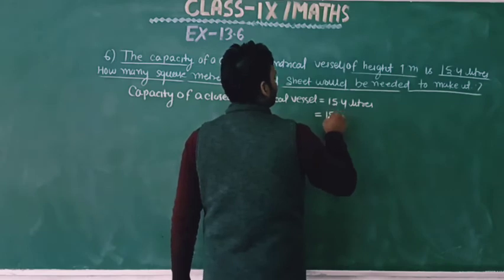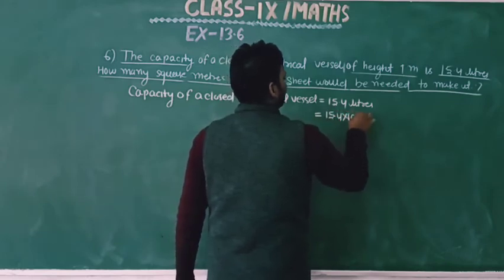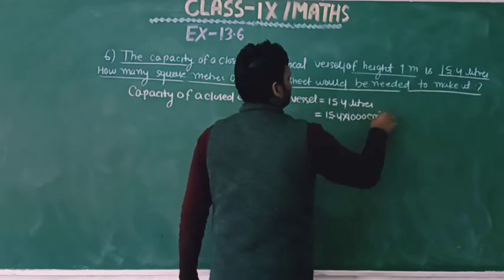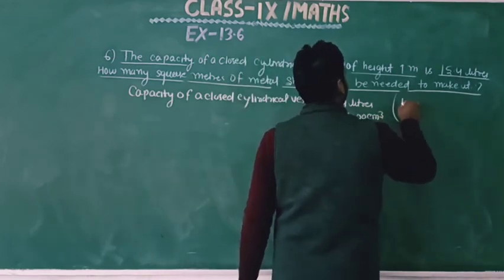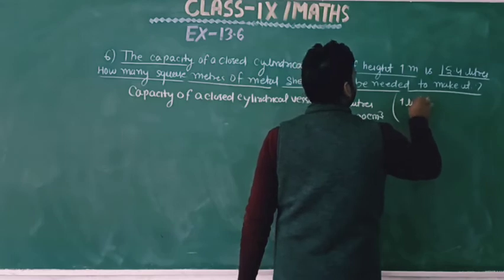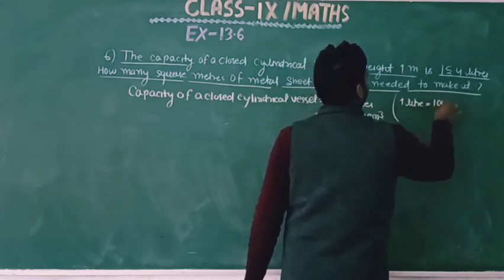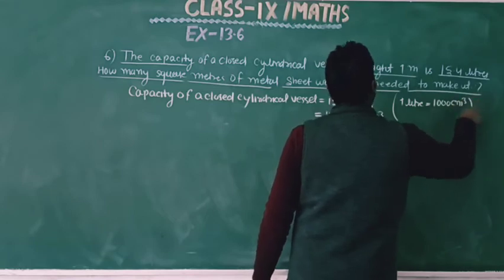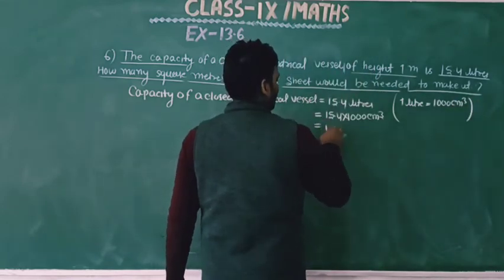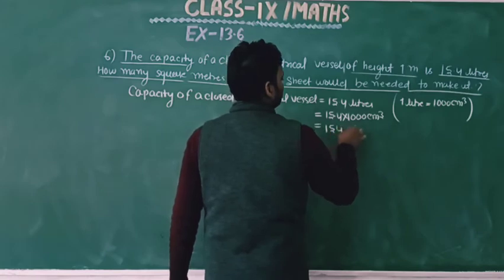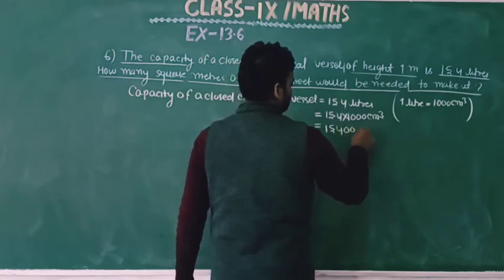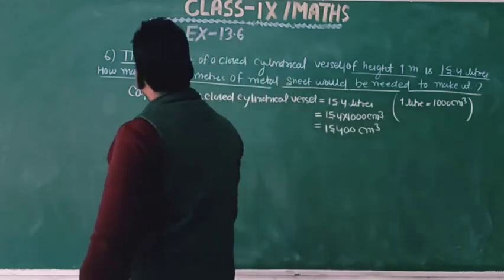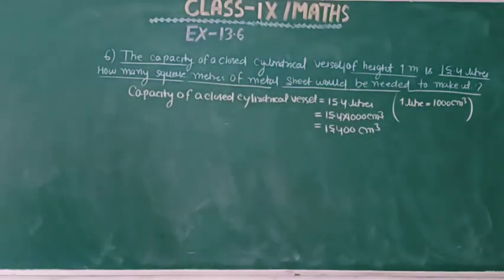So this is 15.4 multiplied by 1000 centimeter cube, because we know 1 liter equals 1000 centimeter cube volume. So finally this is 15400 centimeter cube. So the capacity, or volume, of the closed cylinder is 15400 centimeter cube.